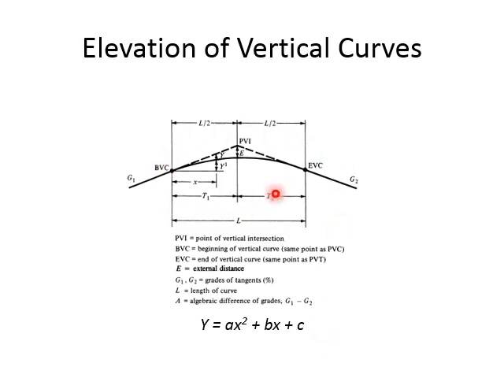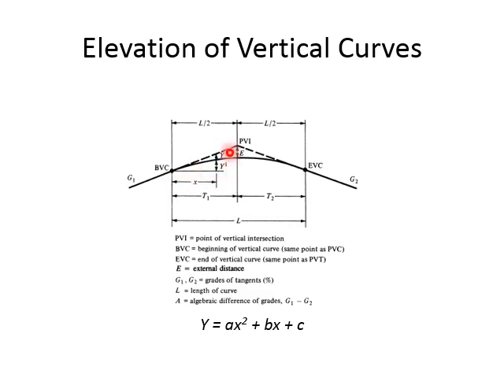If you look at the geometry of the curve, you will see G1 is the first gradient, BVC means beginning of vertical curve, and then you have these differences in elevation. So Y1 is the difference of elevation from the starting point for the highest point.